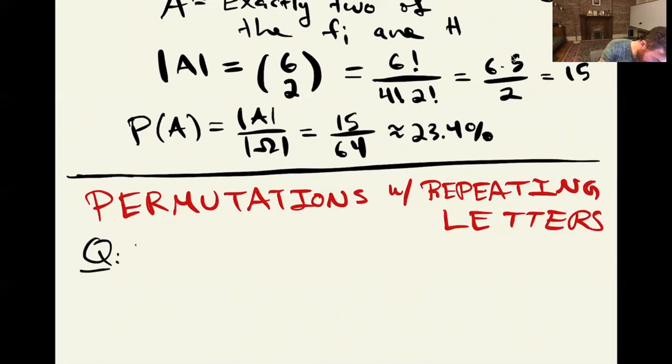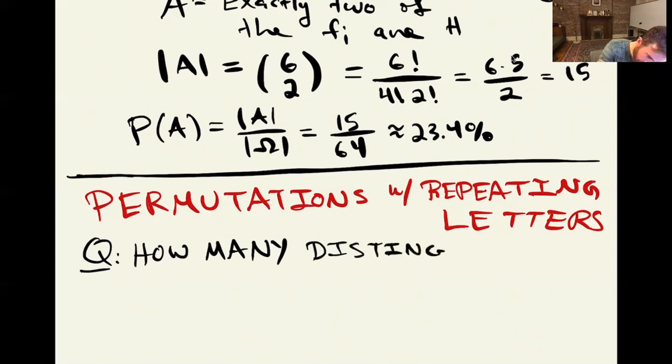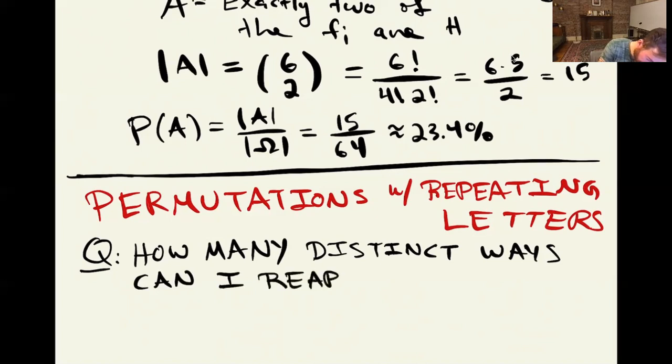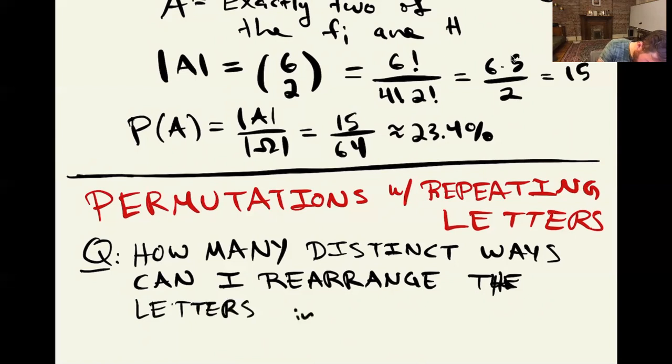How many ways can I rearrange the letters in toot?